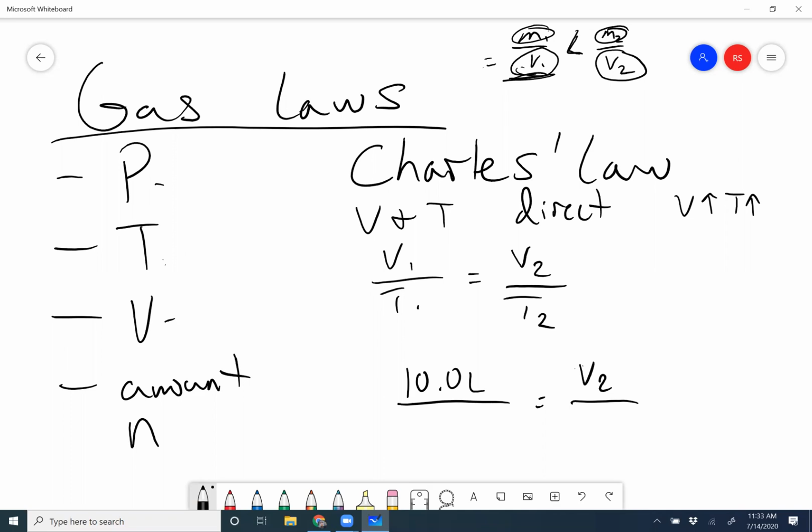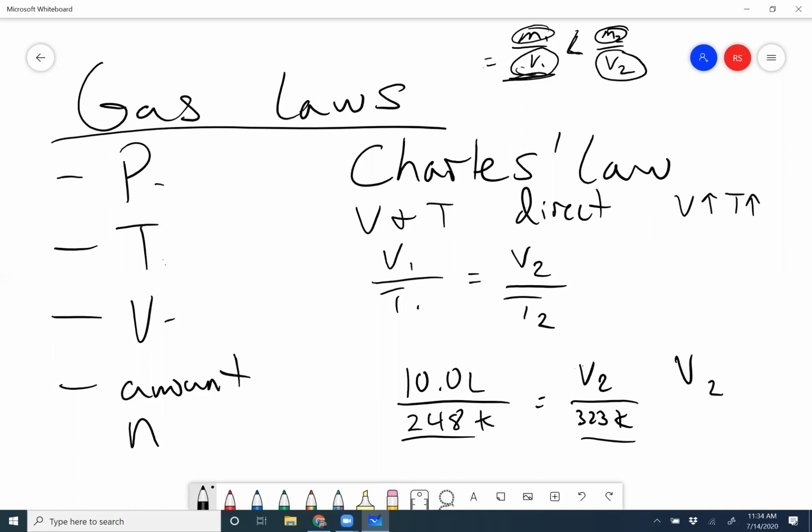That gives us what? 248 Kelvin. And so if we're heating that up now to 50 degrees C like we did before, well, that's going to be 323 Kelvin. You'll notice now we have no negative numbers, and so our volume will be positive.